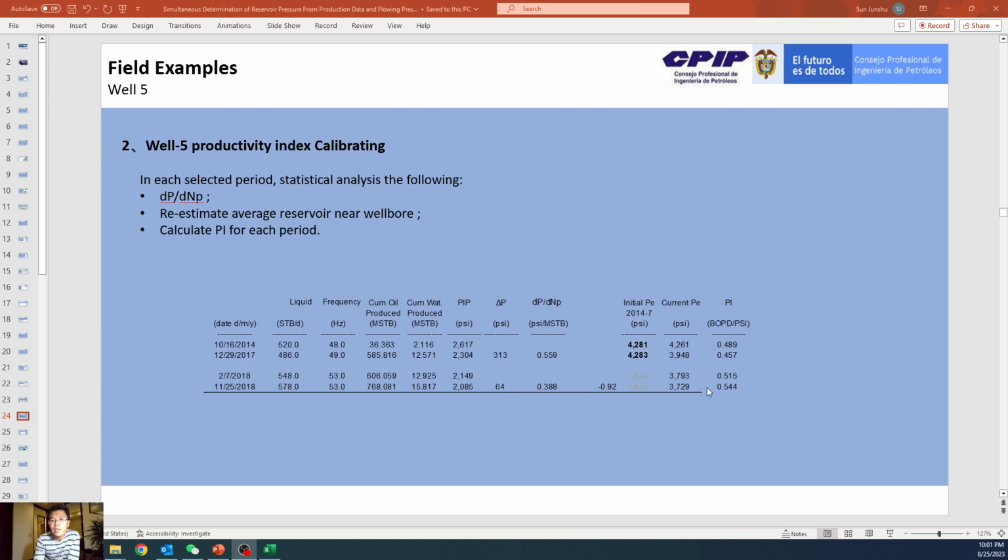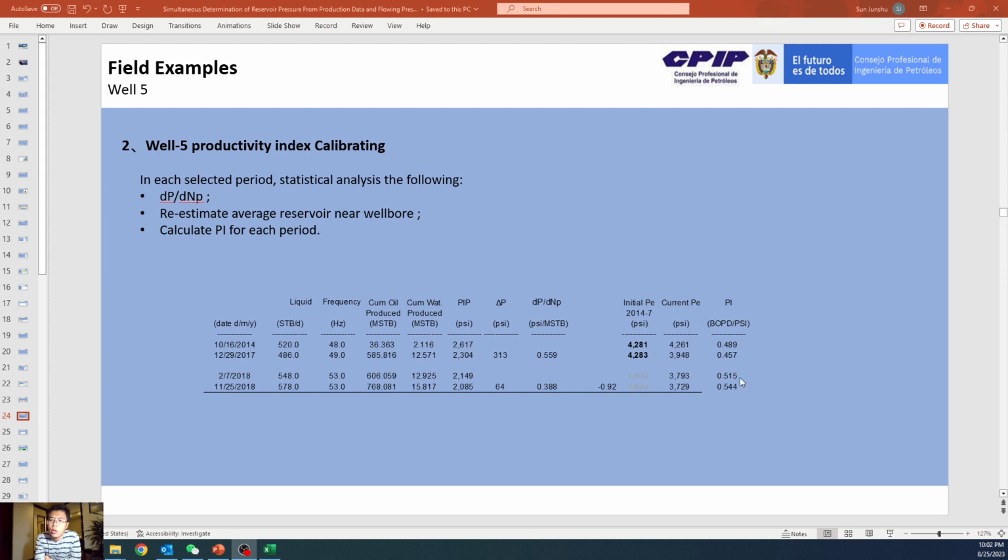Then we can calculate the current average reservoir pressure is nearly 3,790 psi, and the PI using the same methodology is 0.5 barrels per day per psi.